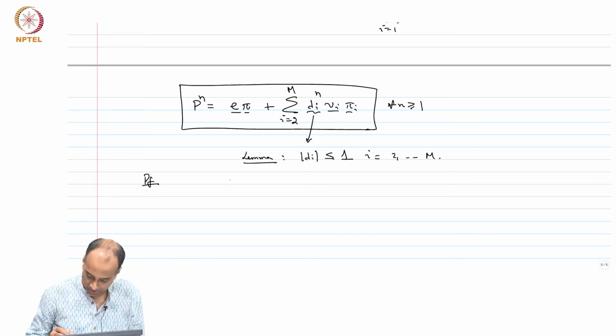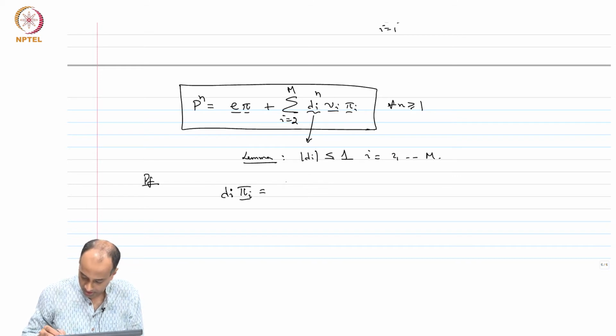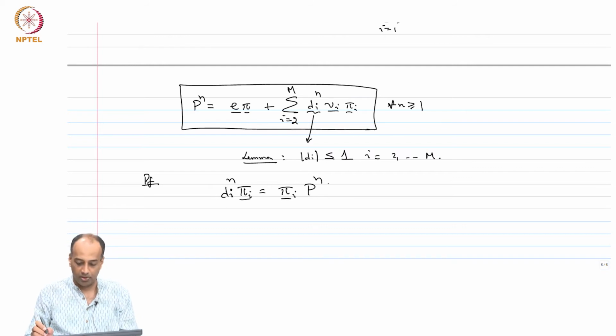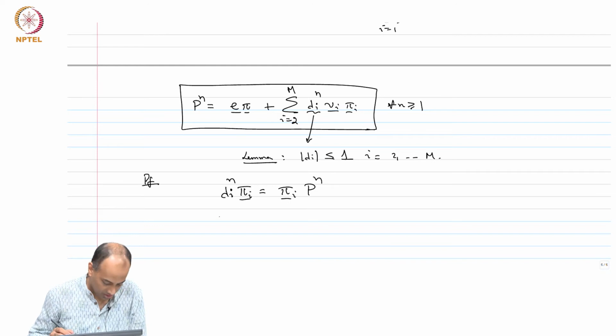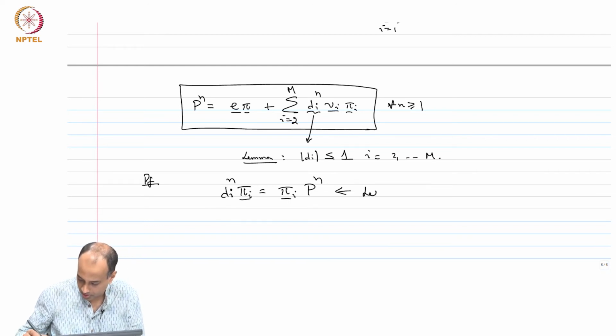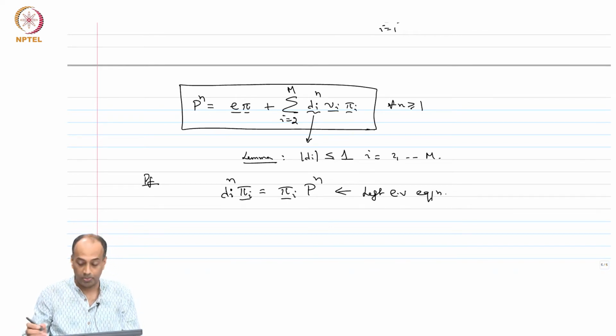You consider the left eigenvalue equation, lambda i to the n pi i is equal to pi i P to the n. This is just the left eigenvalue equation for pi i.